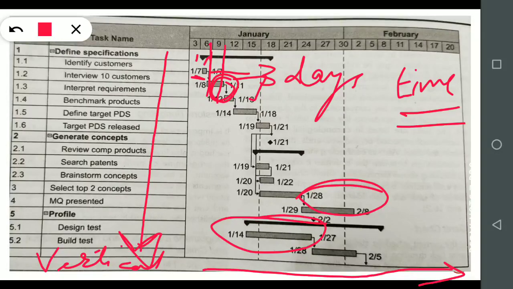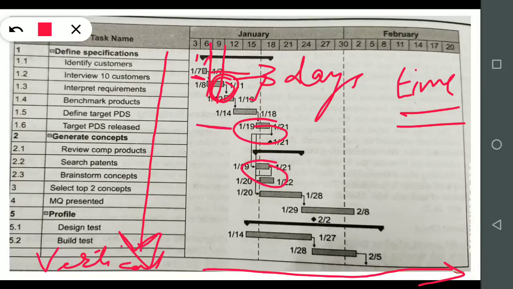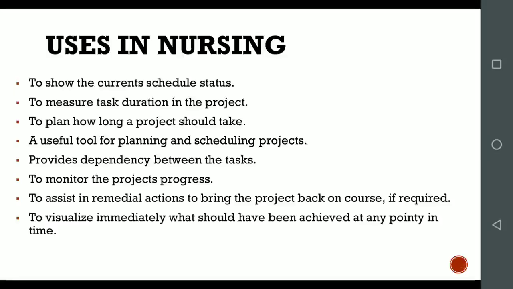We don't require to start this activity until this activity is completed. So these are the independent activities, and these two are dependent activities. Firstly this is going to be completed, then we will get into this activity. So these are the relationships here.